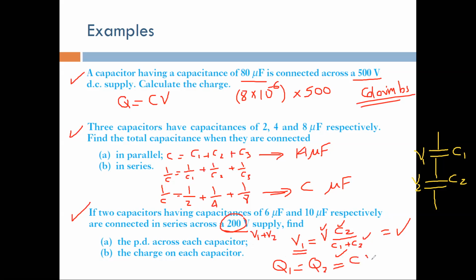C times V, right? C1 times V1, which is equal to C2 times V2. So once you compute V1, you can use the capacitance of the first capacitor and the voltage that you computed from the first part, and just compute the charge, which is going to be equal for both of them. Q1 will be equal to Q2.